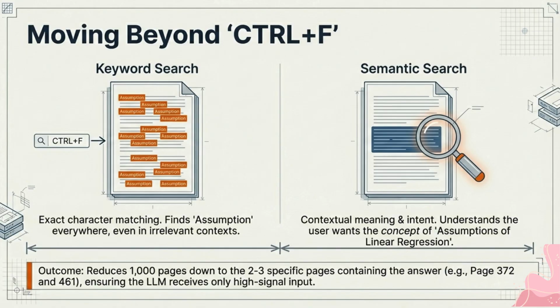How? Embeddings. The system converts your question and every chunk of the document into mathematical coordinates. Things that mean similar things end up close together in this space. So instead of searching for exact words, you're searching for meaning. The system calculates which document chunks are mathematically closest to what you're asking about.